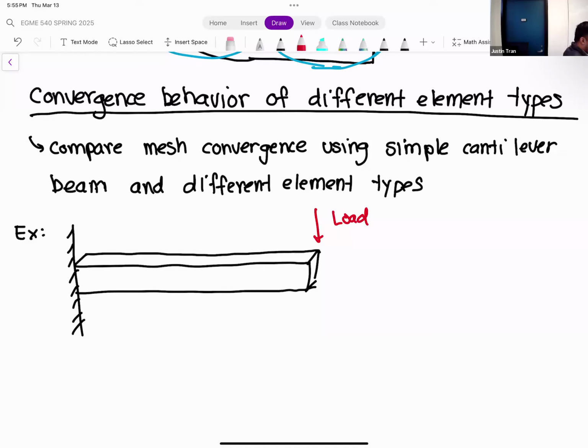And so for this test, they ran multiple mesh convergence tests, and they compared the results between different element types.